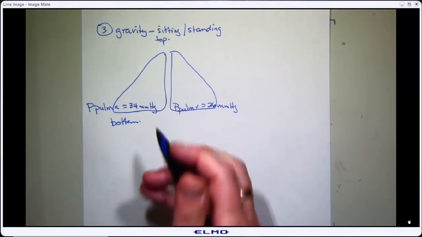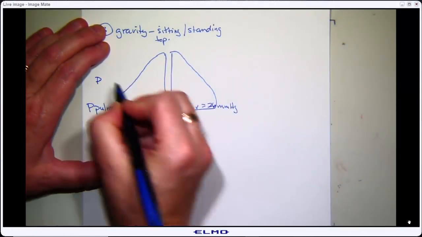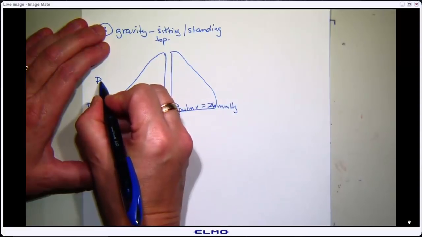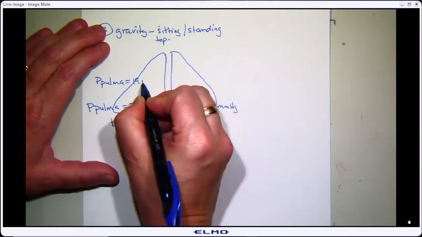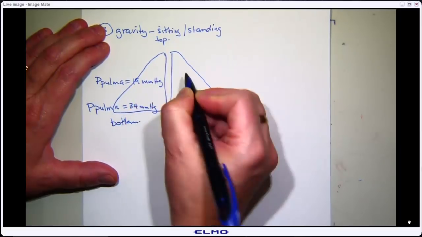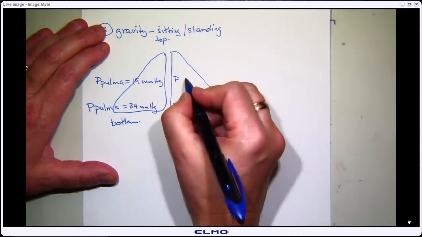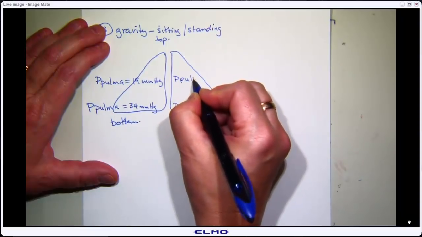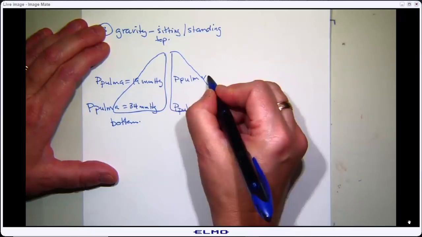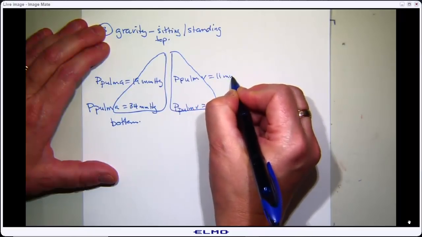As we go up, we're going to have less volume, less pressure. Pressure in the pulmonary artery a little higher up might be 19 millimeters of mercury. But it's also going to be less on the venous side, so pressure in the pulmonary veins, about 11 millimeters of mercury.